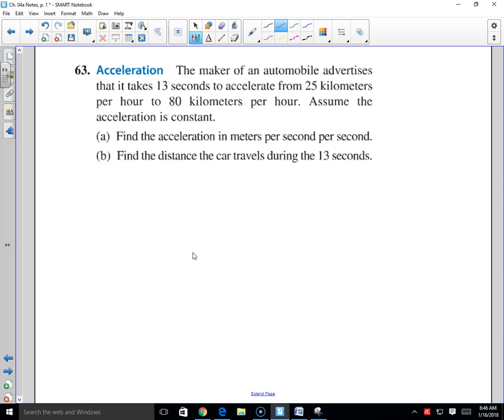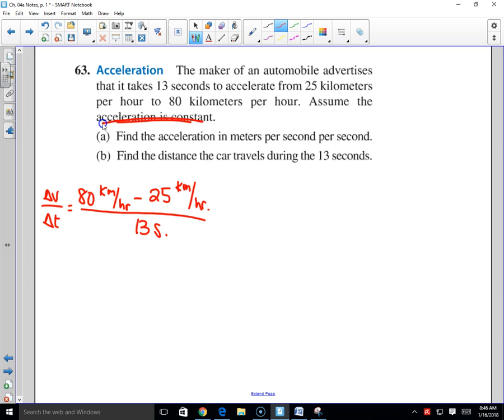So therefore, for letter A, since the acceleration is remaining constant, I find 80 kilometers per hour minus 25 kilometers per hour, the change in my velocity, so delta V over delta T being 13 seconds. Ooh, struggle. Hold on, can I just divide?